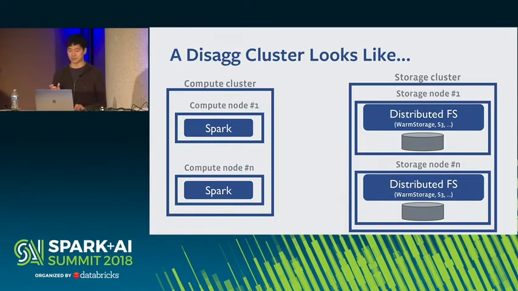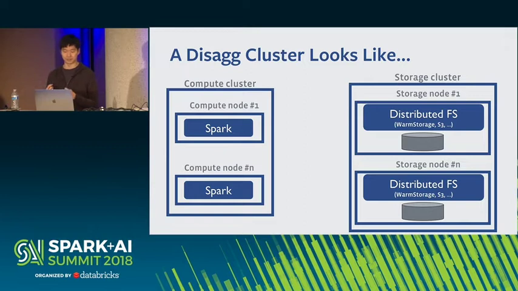Now let's see what a Disagg cluster looks like. Here, instead of having a single cluster, we have two separate clusters. The one on the left, the compute cluster, is essentially nodes custom made for compute. So you may not have much in terms of storage on these nodes, but you'll have, say, powerful CPUs, maybe lots of RAM. And for the storage cluster, it's the opposite.